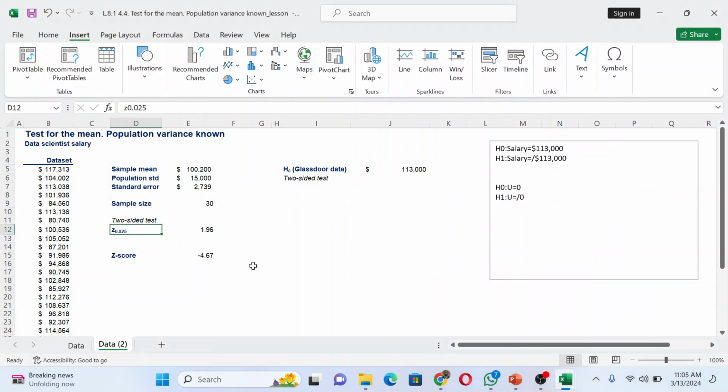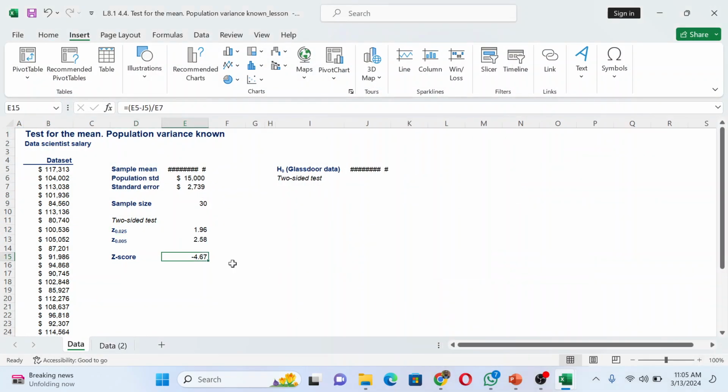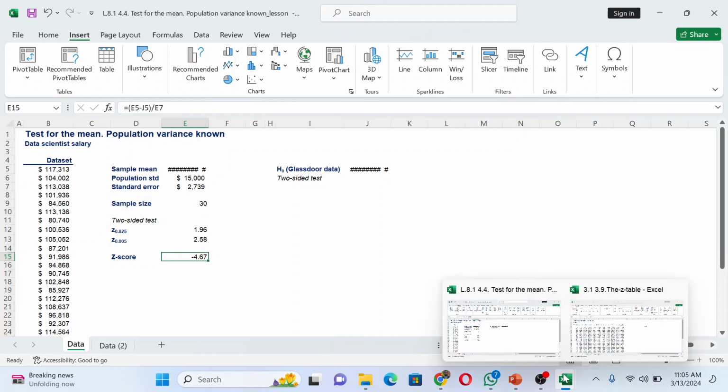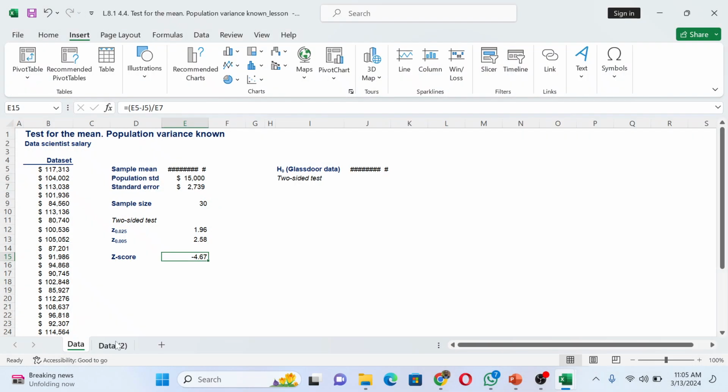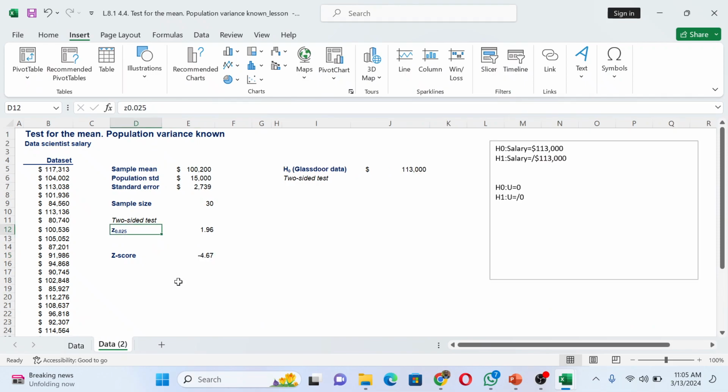Which is here, 1.96. So we have our critical value, we have our test statistic, but for this one I said that we are going to work with the absolute value, which is 4.67.